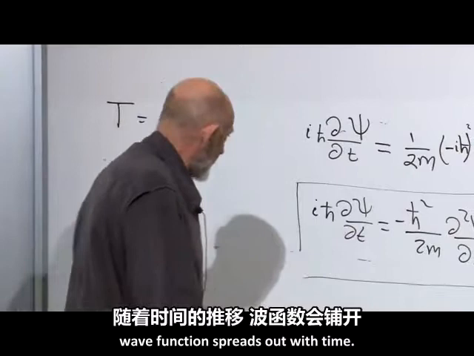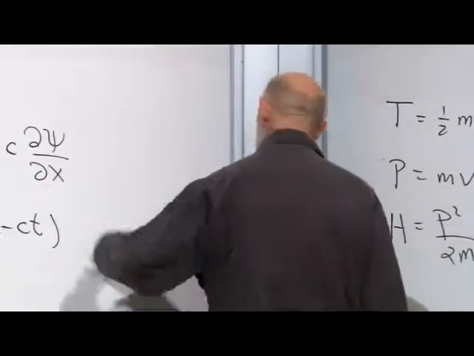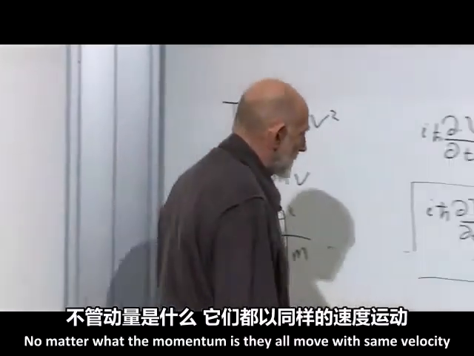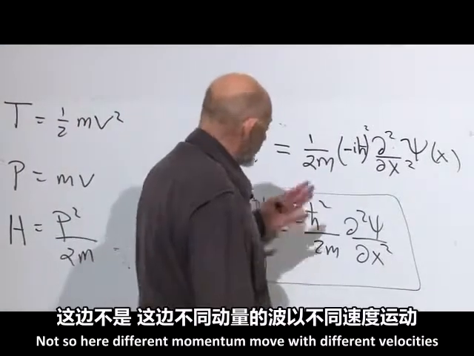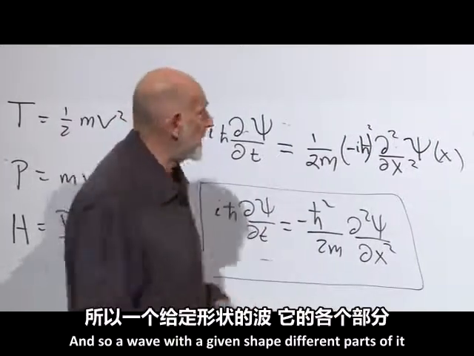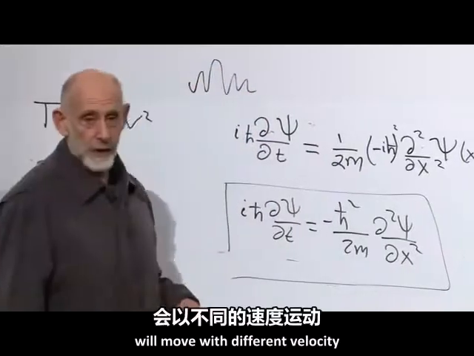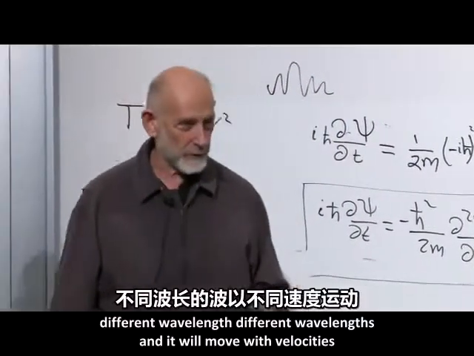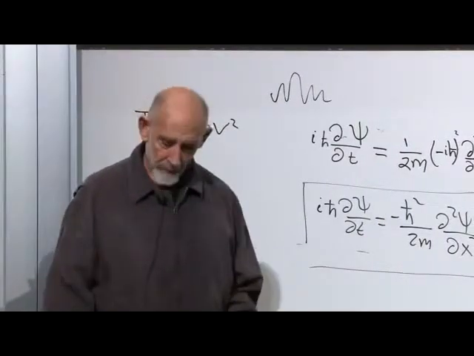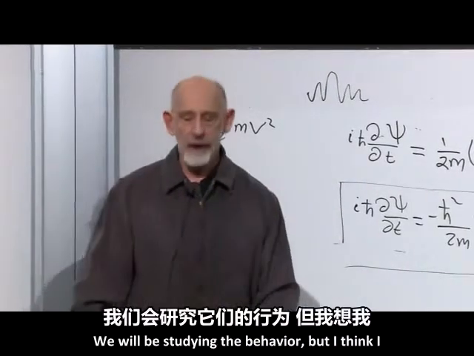The wave function spreads out with time, unlike this very simple case over here. In this case, no matter what the wavelength, no matter what the momentum is, they all move with the same velocity. Not so here. Different momentum move with different velocities. And so a wave with a given shape, different parts of it will move with different velocity. Different wavelengths in it will move with different velocities. And it will sort of fall apart. We'll study it a little in more detail, and we'll study its behavior.